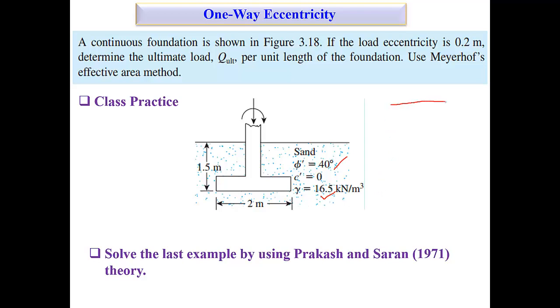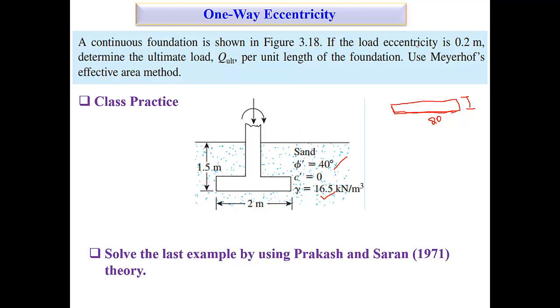No, then you need to study. A continuous foundation is one whose length is very large compared to its width, right? I gave the example in class. Maybe the width is very small, 300 millimeter, but it is 20 meter long. So if we divide 0.3 by 20, it tends to 0. This kind of foundation we call a continuous foundation, right? Strip foundations, something like this.